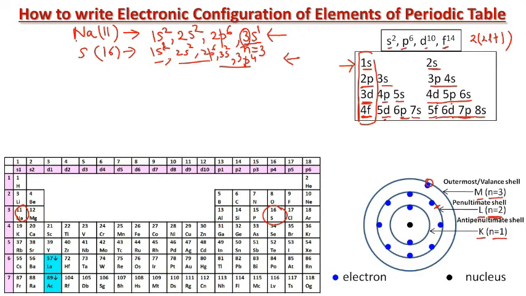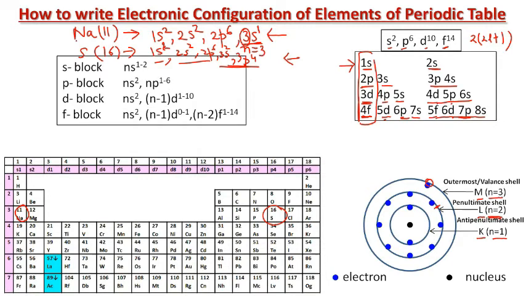In this way, one can write the outer shell electronic configuration for the s, p, d and f block elements. While writing it for s, the s orbital can accommodate a maximum of 2 electrons, so it will range from 1 to 2.